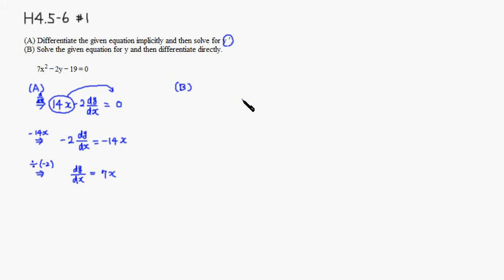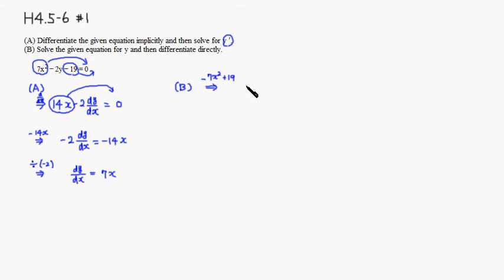For part B, we're going to solve this equation for y first. So first thing we need to do is move 7x squared onto the other side by subtracting 7x squared. And also I'm going to move negative 19 to the other side by adding 19.